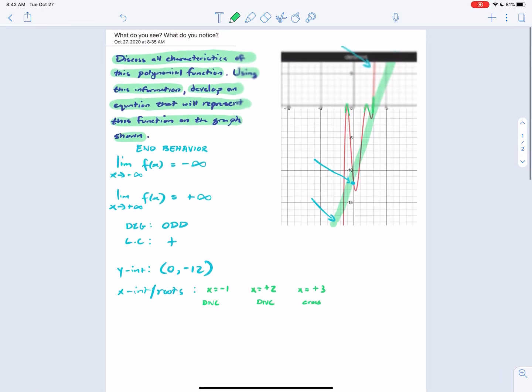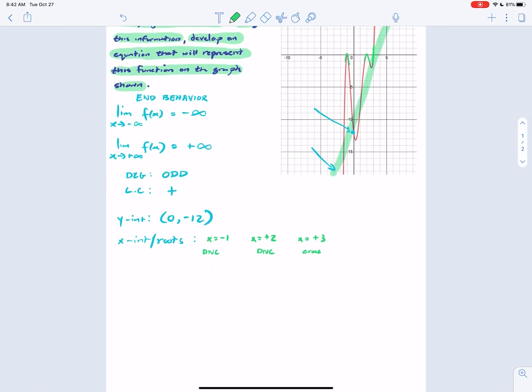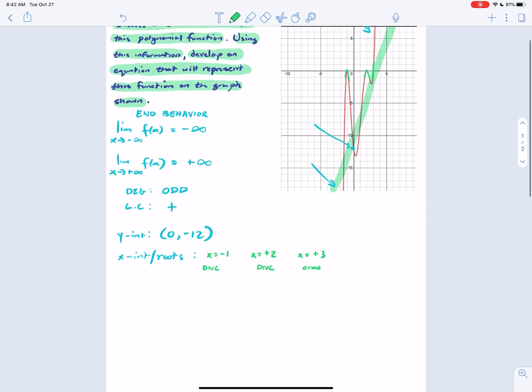What are the implications of it? I know that if it crosses, that means the multiplicity here is odd. And if it doesn't cross, I know the multiplicities here are even.